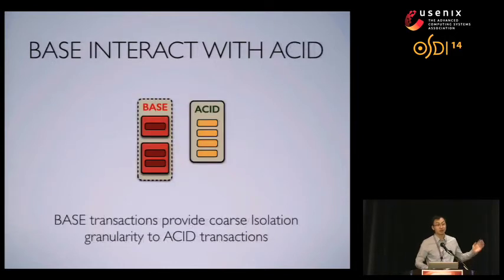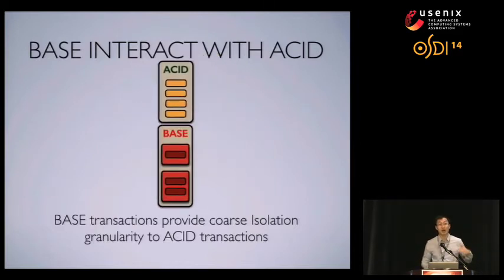But on the other hand, to ACID transactions, base transactions provide coarse granularity of isolation that spans the entire transaction. As a result, an ACID transaction can only observe the states either before or after the base transaction. This property guarantees that when developers change one transaction from ACID to base, it will not affect other ACID transactions.